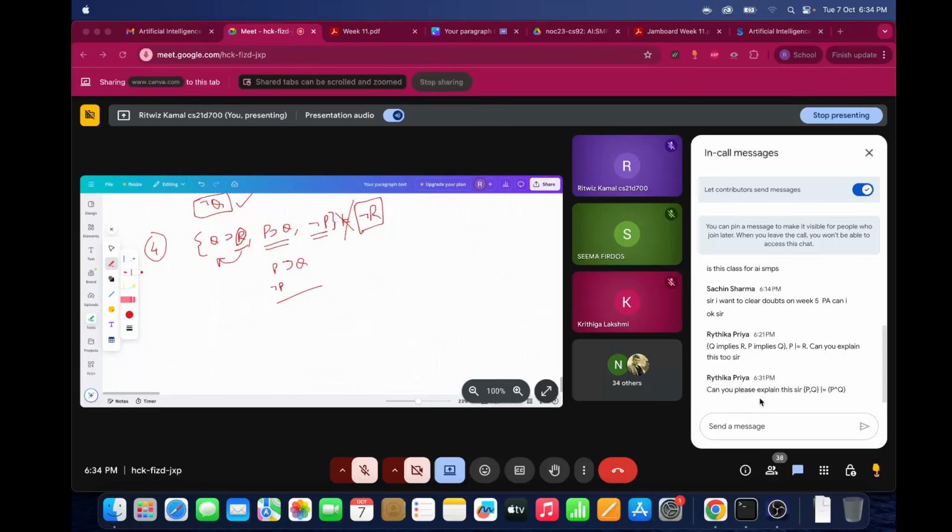Now coming back to option 4. So is it now clear why option 4 is not a valid entailment? Moving on to option 5 then, which is given P and Q separately in the knowledge base.